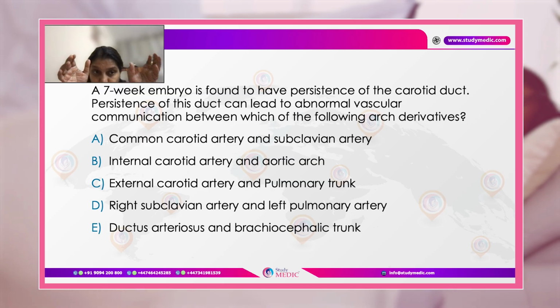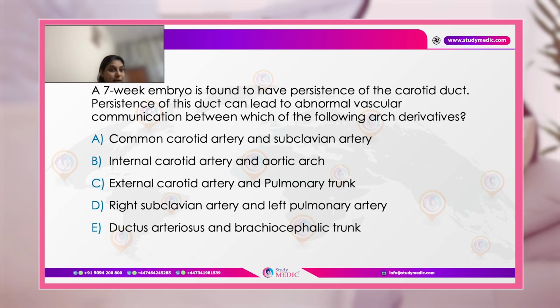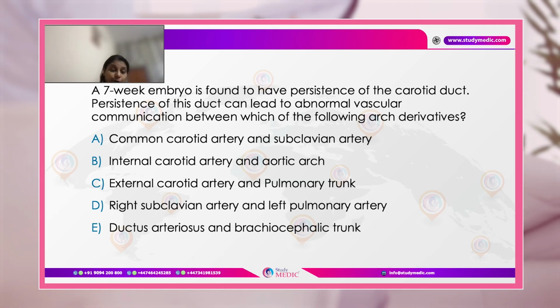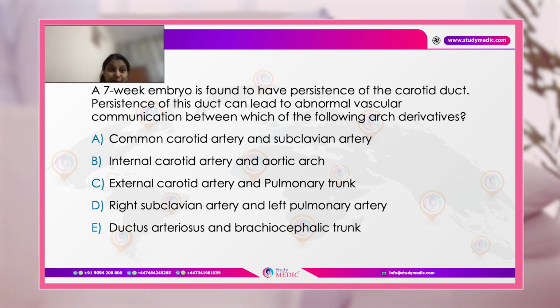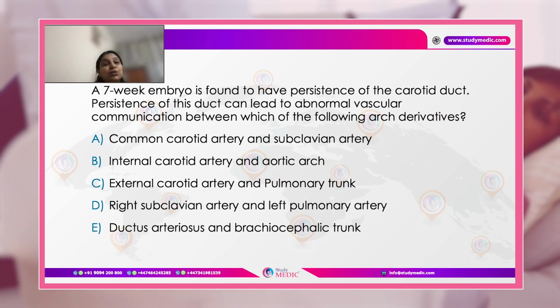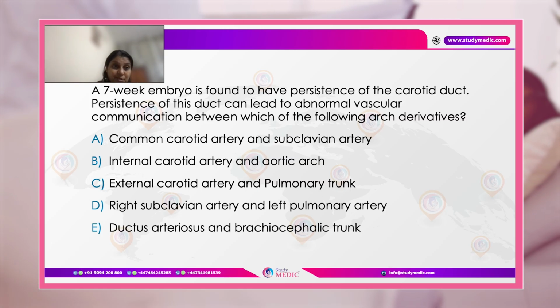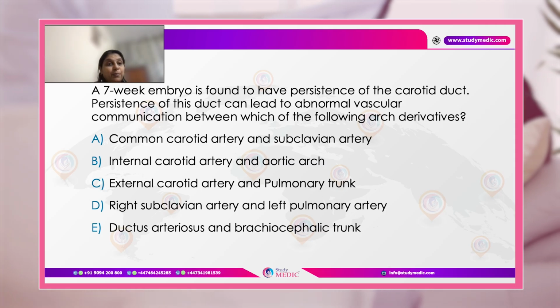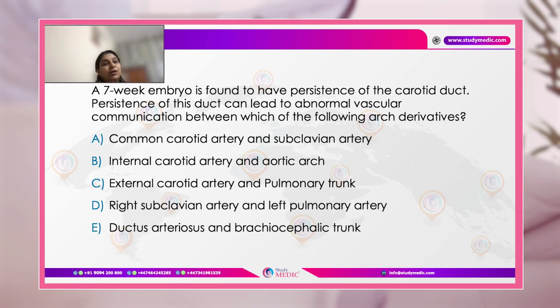It was a portion of the dorsal aorta between the third and the fourth aortic arch, and it was normally regressing. If it doesn't regress, then it gives rise to an aberrant external carotid artery branch, okay? So the carotid duct in its embryological period represents communication between the third and the fourth aortic arches.